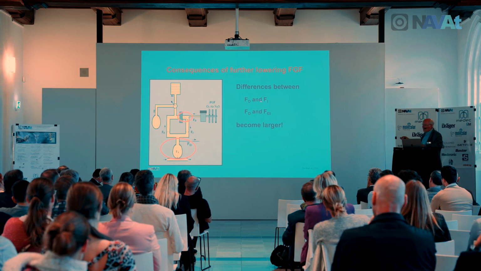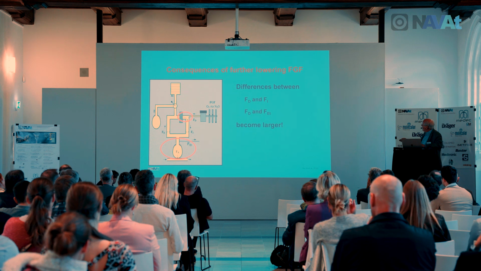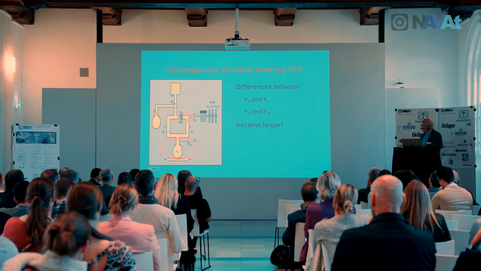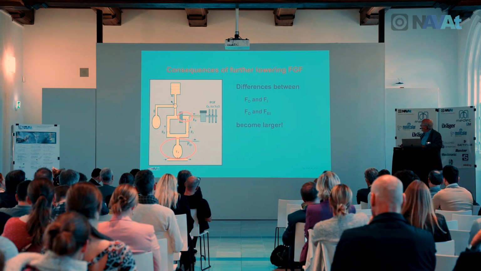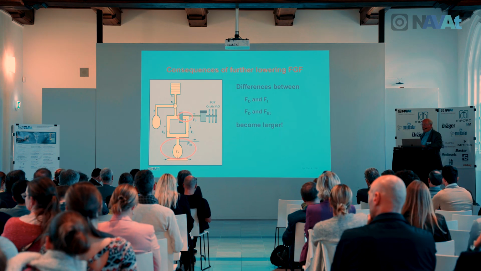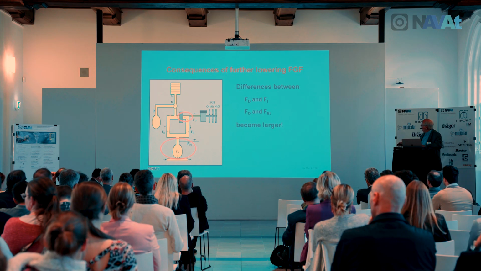The difference between these two parameters becomes larger because you have more rebreathing, so there is more dilution of the delivered gases, and the difference between vaporizer dial setting and end-tidal concentration becomes larger also because you have inhalation of gases with a lower concentration.